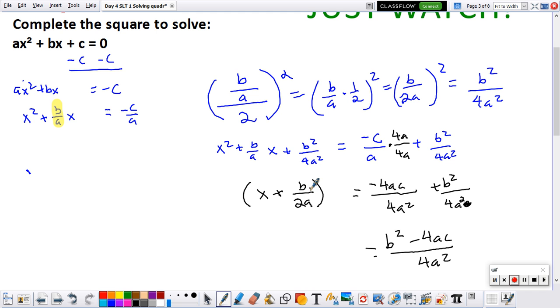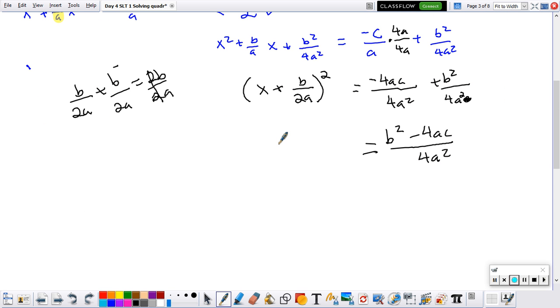If I added these together, b over 2a plus b over 2a, that would be 2b over 2a, which is just b over a. So that's how we have now rewritten our perfect square trinomial as a binomial squared. We'll put it down here also.